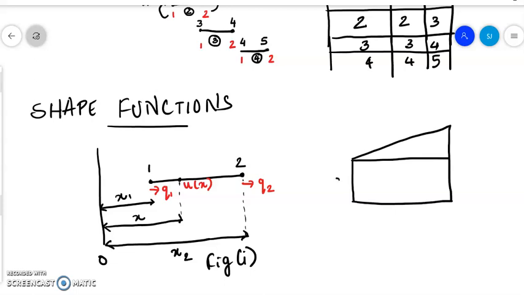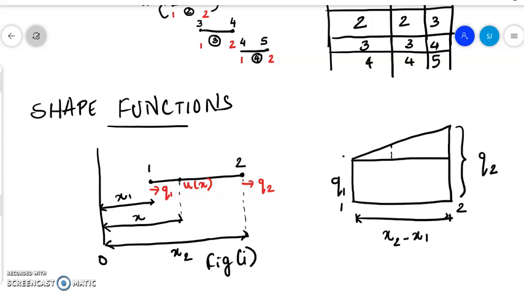So at node 1 it is q1, at node 2 it is q2. We have to find out the value somewhere here. Now from this diagram, this is node 1, this is node 2. The length of this will be x2 minus x1.